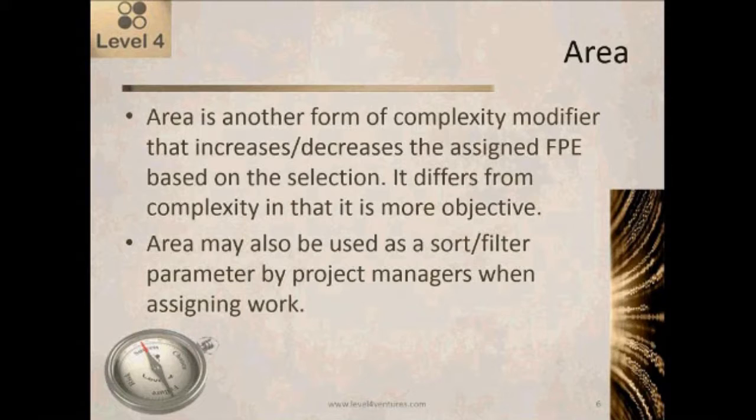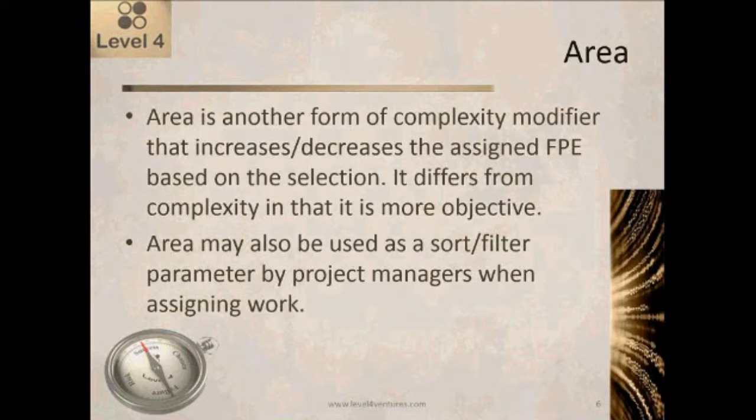There is no way to have a rule for when you set something to high complexity or low complexity. People have tried to do it, but it ends up becoming unwieldy. On the other hand, area does have some fairly unambiguous rules in terms of what you select.